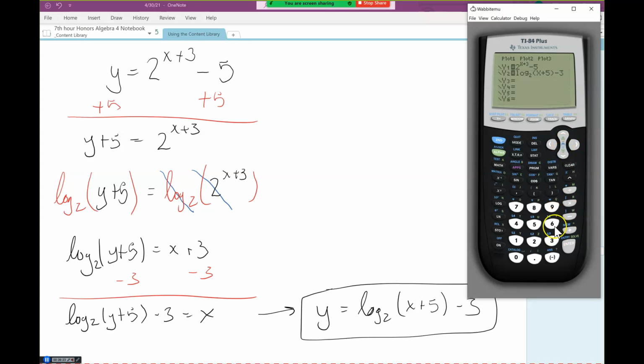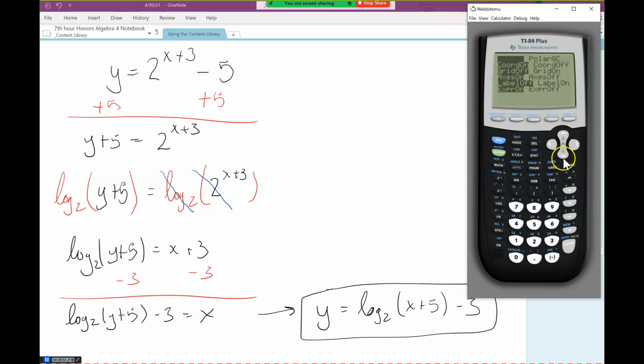There's the new one. And I'm going to include the line y equals x also, just so we can see that. We'll just take the standard window there. So I'm just going to do zoom standard. So here's my exponential. Here's my logarithmic. And there's my line y equals x.